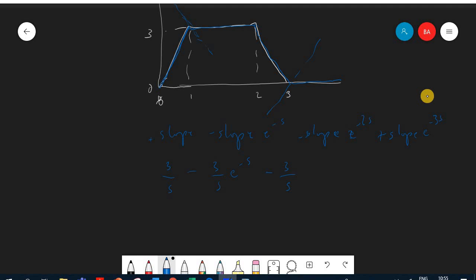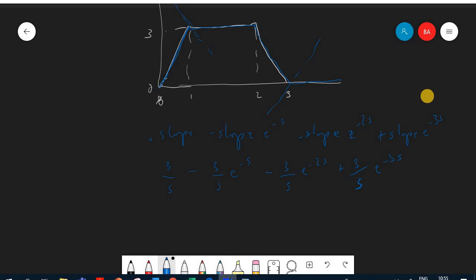Delta y is 0 minus 3, and delta x is 3 minus 2, so it's minus 3 over 1. So minus 3 over s into e to the power minus 2s, and then the same slope that cancelled it out, plus 3 over s, that happened at 3 seconds.